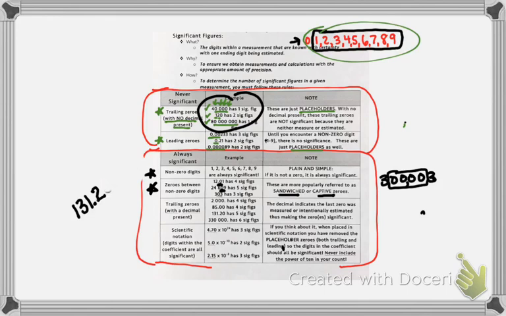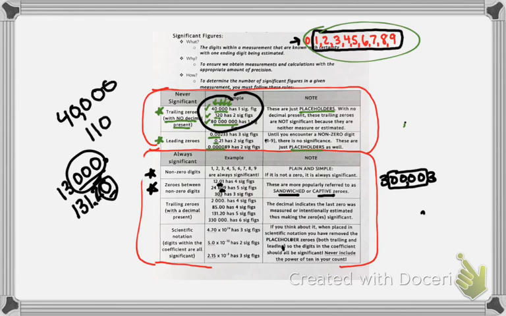So, trailing zeros with a decimal present, whether it looks like this or whether it looks like this, okay, these are both what we call trailing zeros because they're at the end of the number behind non-zero digits, and there's a decimal present, so they are significant. However, this type of trailing zero, these are not significant because they're trailing with no decimal present. So we've gone through those.